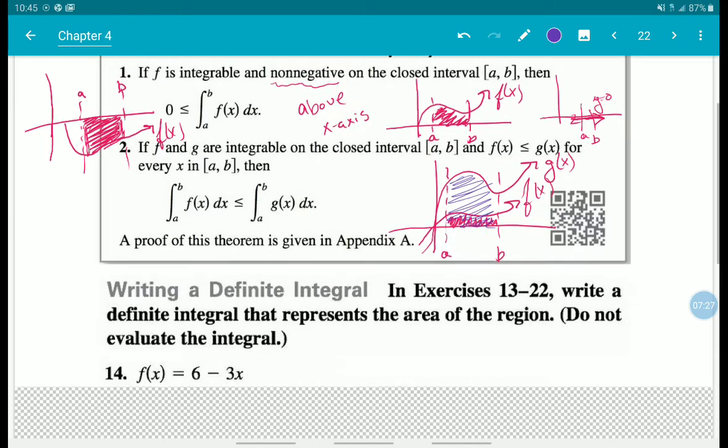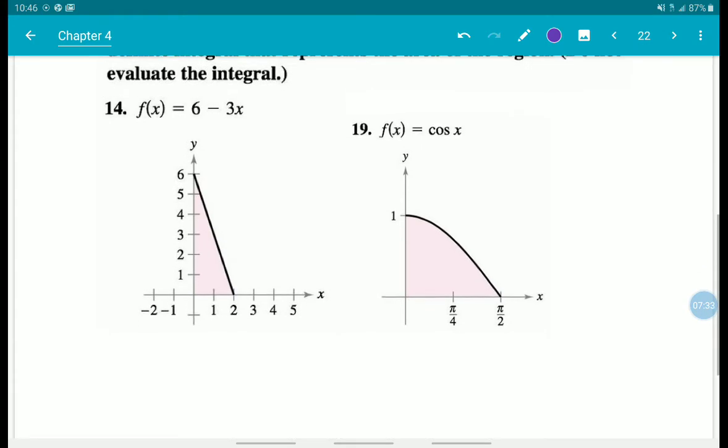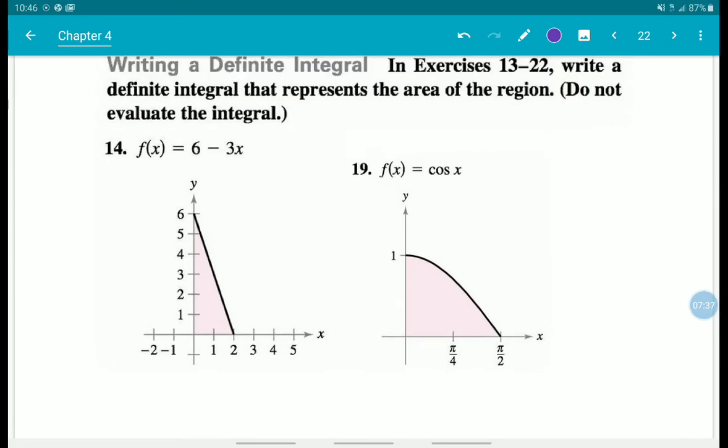So now let's talk about if we have a picture or a function, how would we write that definite integral? What would it look like? We're not talking about integrating it. We're just talking about how would we set it up. That's key and vital to what we're going to do in the next section. So here's our function. They're telling us it's 6 minus 3x.